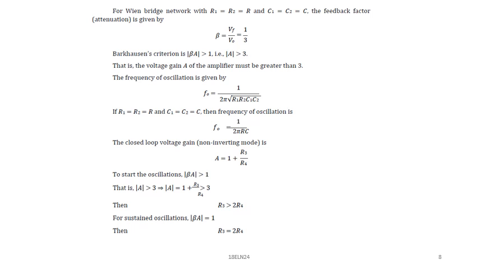There are 2 conditions. One is the phase shift around the loop is 360 degree or 0 degree. And the second condition is the magnitude of the product of gain and feedback term should be equal to 1. And we discussed 2 types of oscillators. One is the RC phase shift oscillator, and the other one is the Wien bridge oscillator.